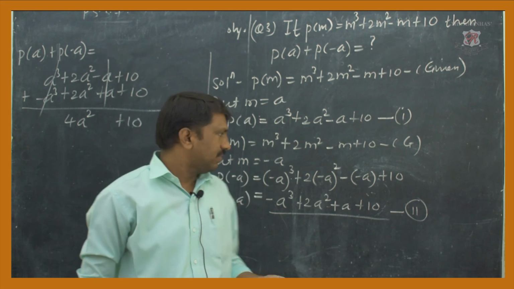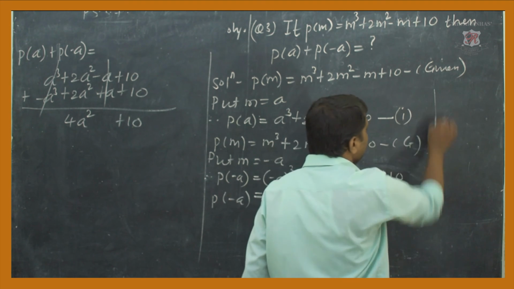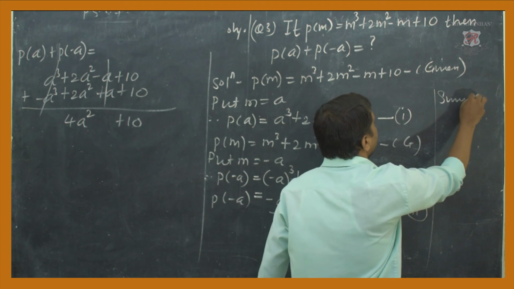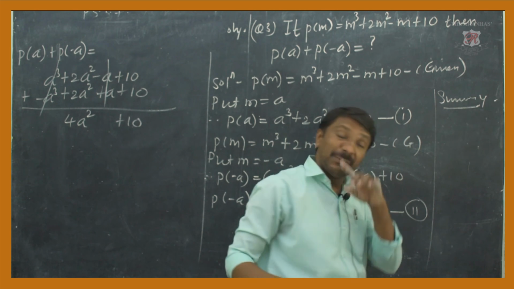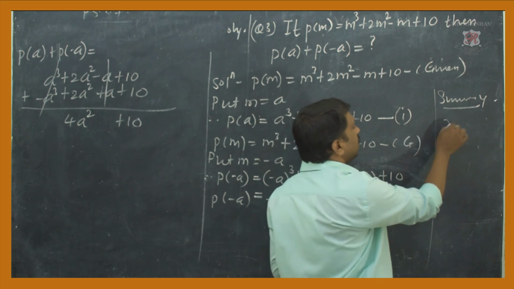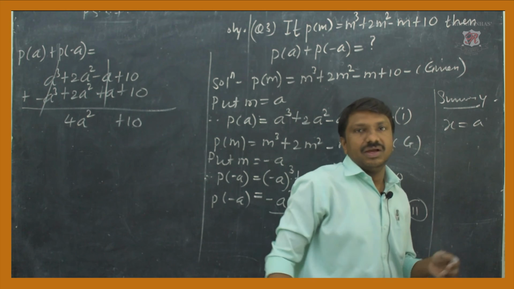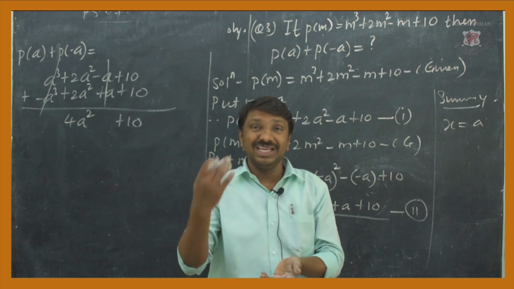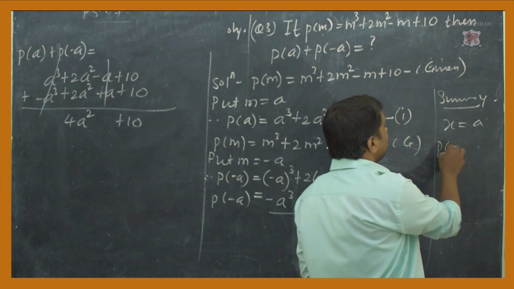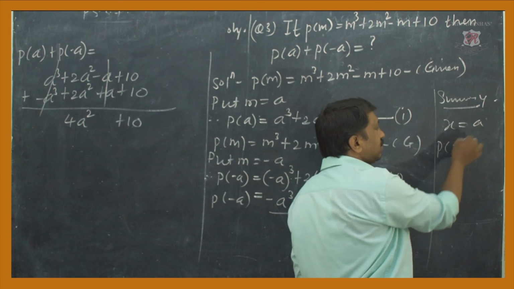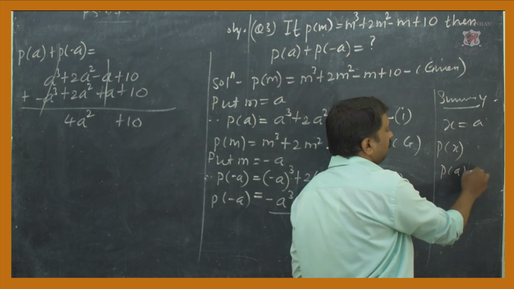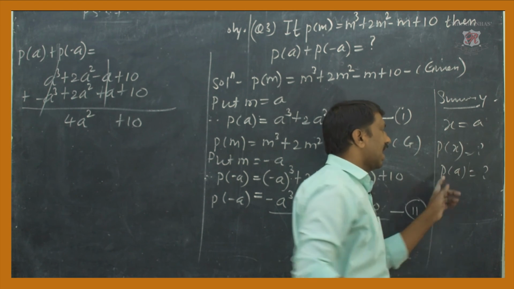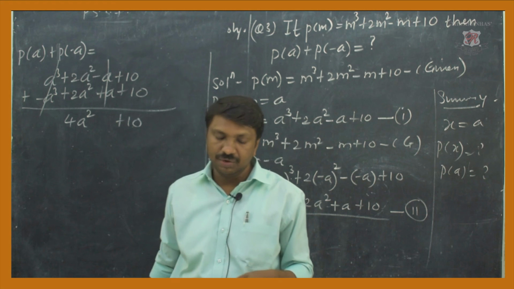The value of a polynomial means, in short, as a summary: if you substitute any value for x, suppose a, for the variable, whatever answer you get for the polynomial, for example P(x) becomes P(a), that answer is known as the value of the polynomial.